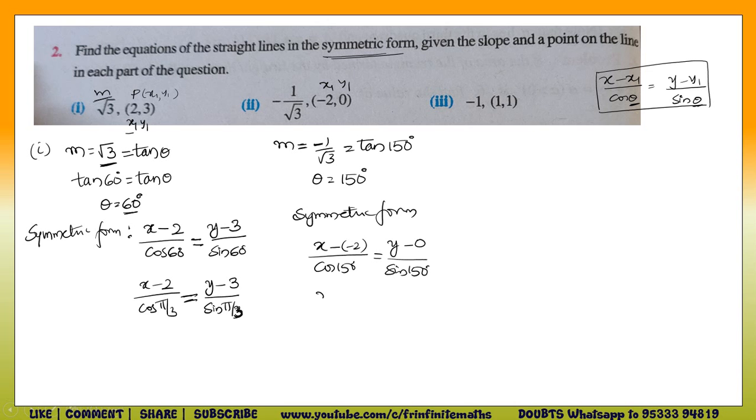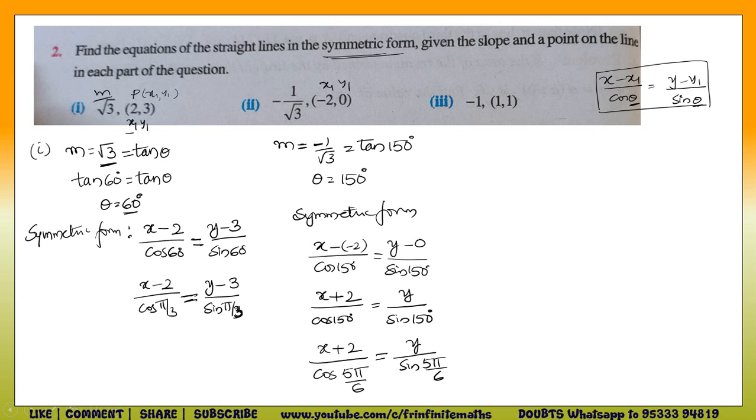In simplest form, (x plus 2) by cos 150 degrees is equal to y by sin 150 degrees. If you want to represent this in radians, 150 means 5 times 30, and 30 is represented by pi by 6. So I can write this as (x plus 2) by cos 5 pi by 6 is equal to y by sin 5 pi by 6. So this is nothing but my answer for this question.